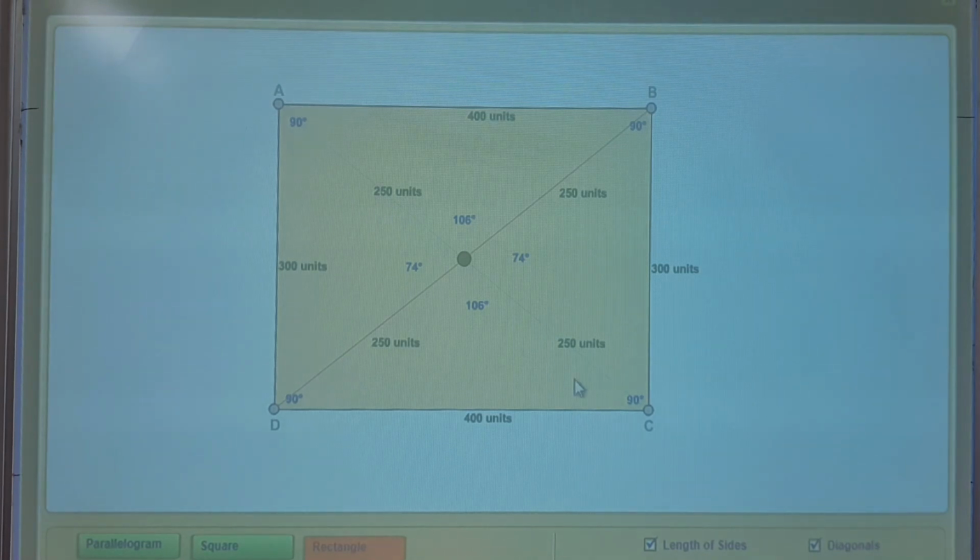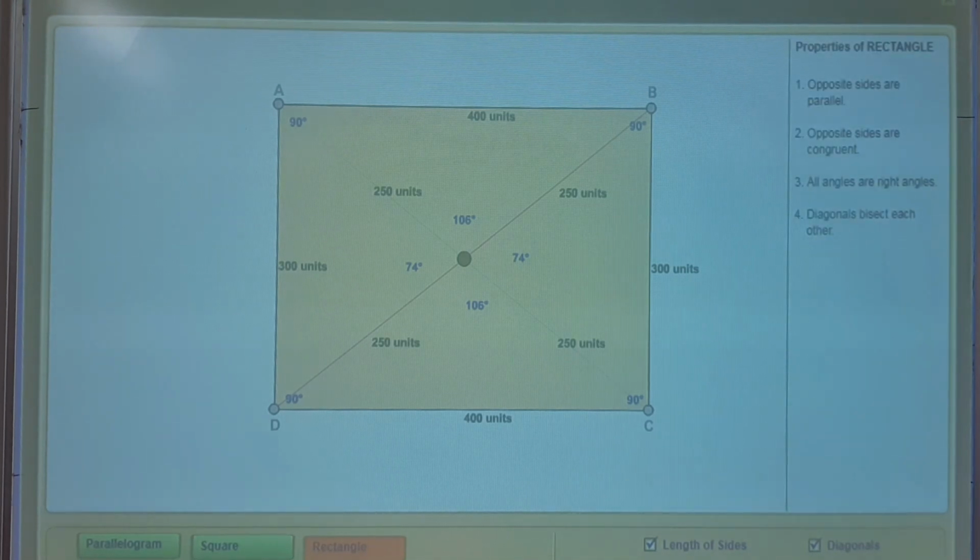So the diagonals bisect each other. Okay. Then next is the properties of a rectangle. You must write like this. Opposite sides are parallel, opposite sides are congruent, means equal. All angles are right angles and diagonals bisect each other.